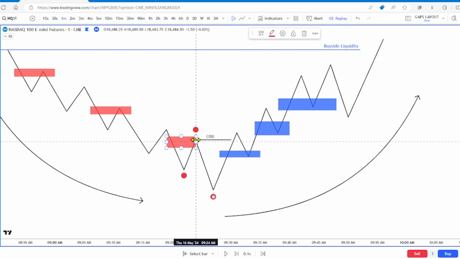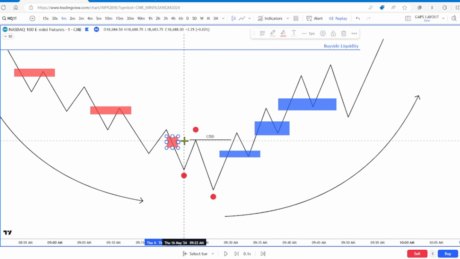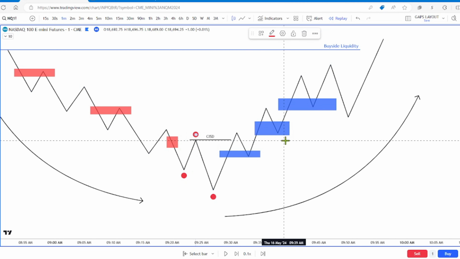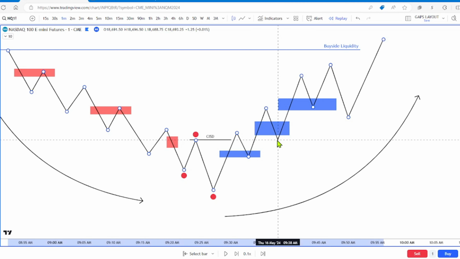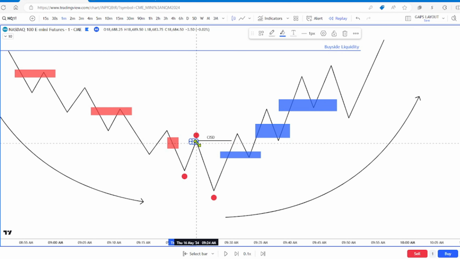So this high that gets broken to create the change in the state of delivery, this little swing high in here, let's move this over, then also becomes the breaker, right? And maybe we tap it here like this. Okay, so this little swing high in here, short-term high, we'll make it green, right?